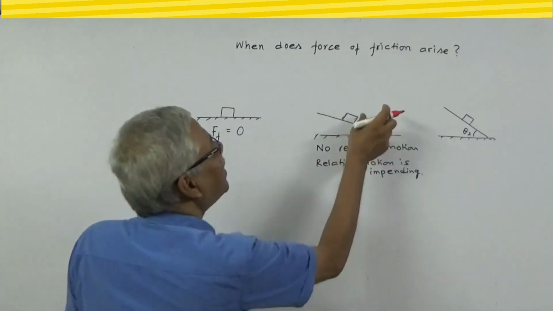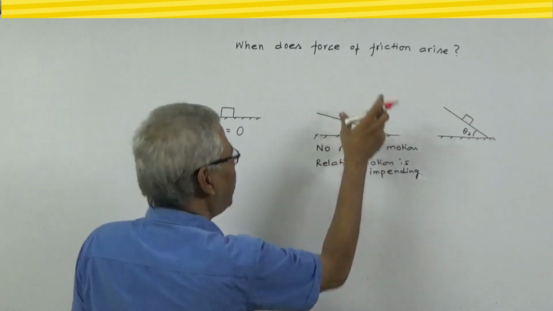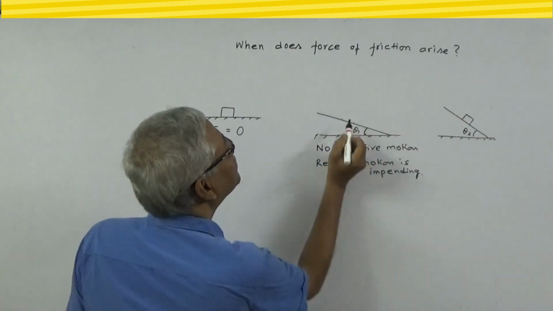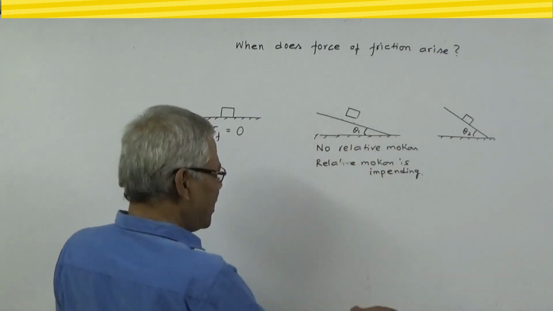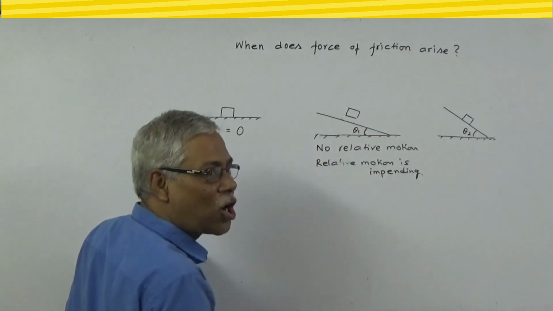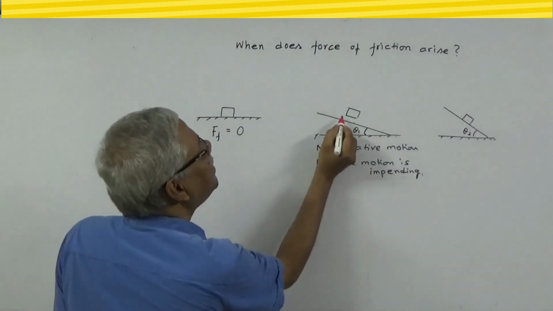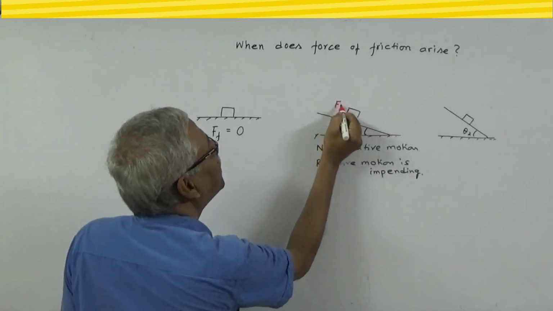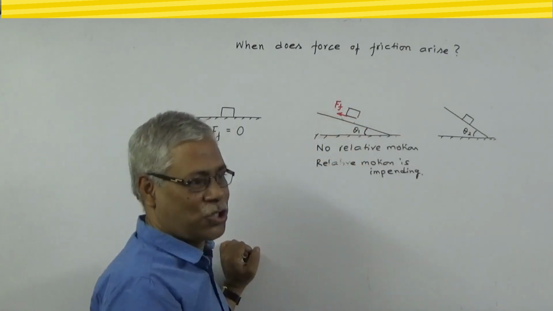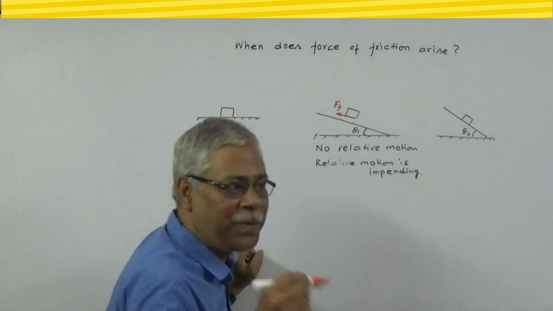How is it acting? I will show the free body diagram. This is the block. In which direction is friction force acting on the block? On the block it is acting in this direction. But every force is an action-reaction pair.